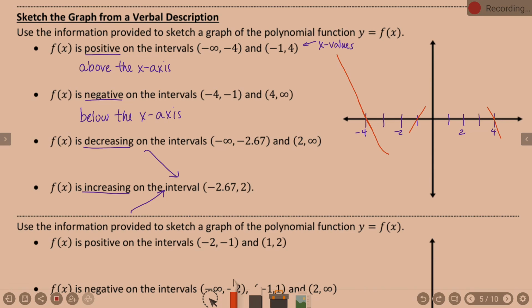And then we're also decreasing from 2 to infinity. Well, where are we at with 2? At 2, I'm supposed to be up above, right? So what's that mean about 2? We're decreasing from 2 to infinity, aren't we?